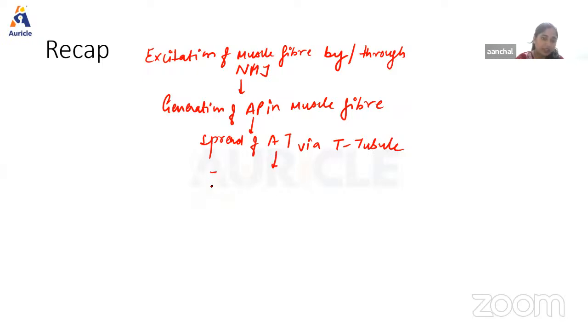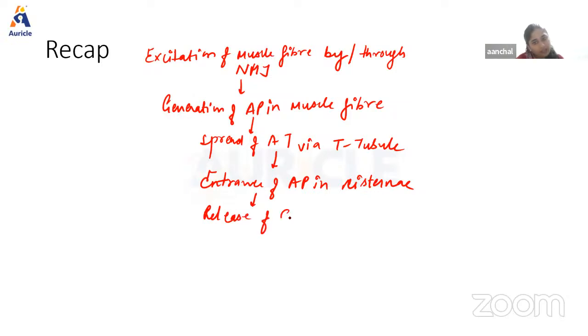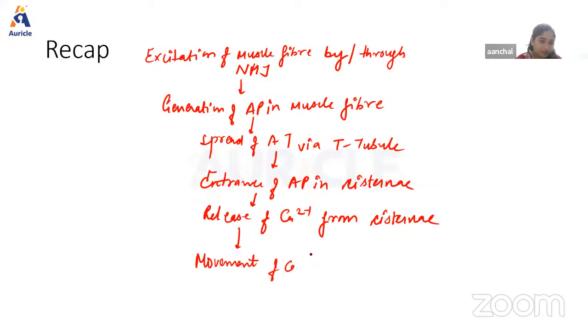Now finally there will be entrance of the action potential in the cisternae. Now it will lead to the release of calcium ions from the cisternae, and there will be movement of calcium towards the actin filament.